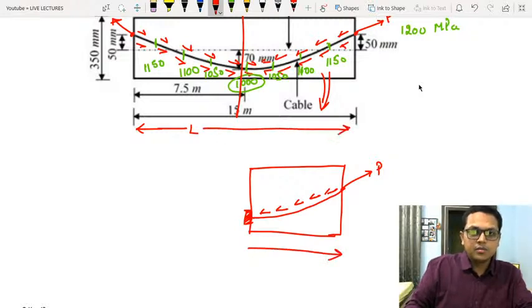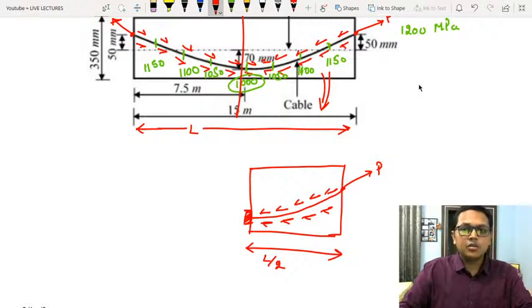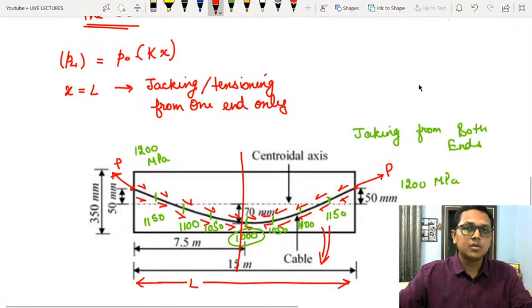L by 2. So the effective length through which the jacking is taking place is L by 2.